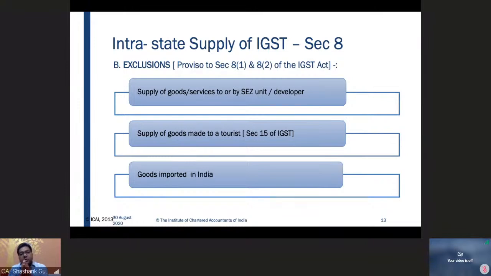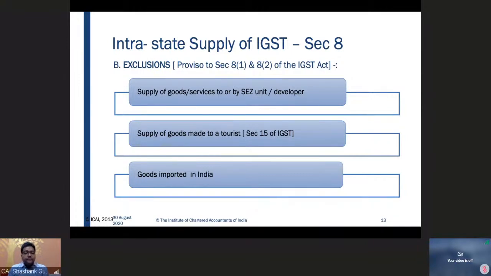Secondly, the tourist is getting a refund of his taxes and hence he is getting his goods in India at a comparatively better rate. And that is why, for the ease of governance, it has been specifically mentioned that when goods are being sold to a tourist, even if he is standing in your shop, you will still raise an IGST invoice.